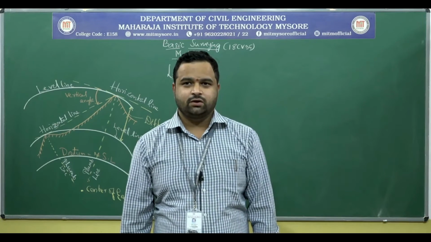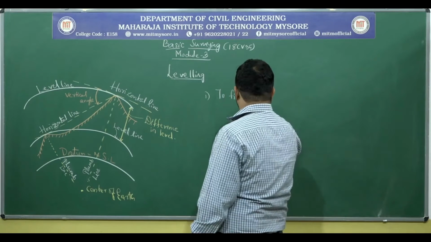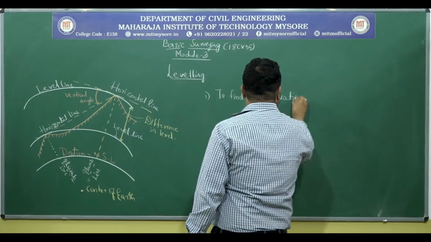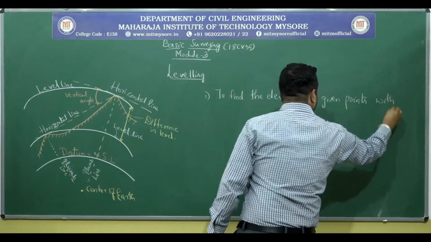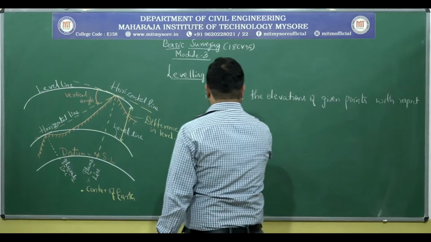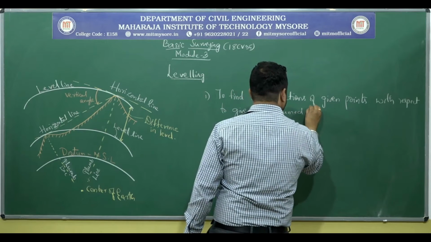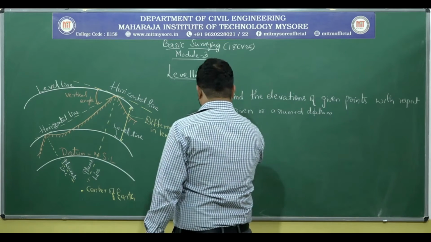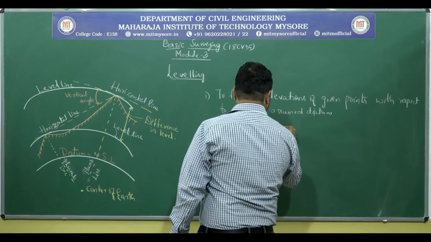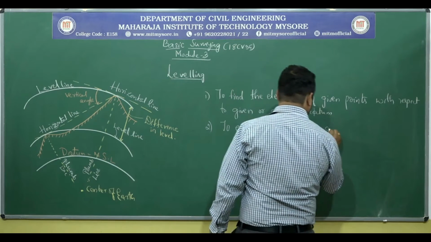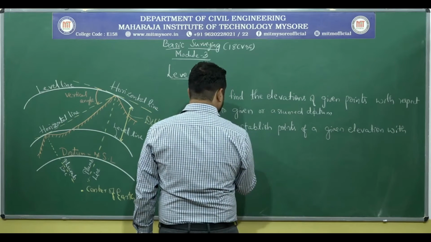Leveling is a branch of surveying, the object of which is, first, to find the elevations of given points with respect to given or assumed datum, and the second one is to establish points of a given elevation with respect to given or assumed datum.